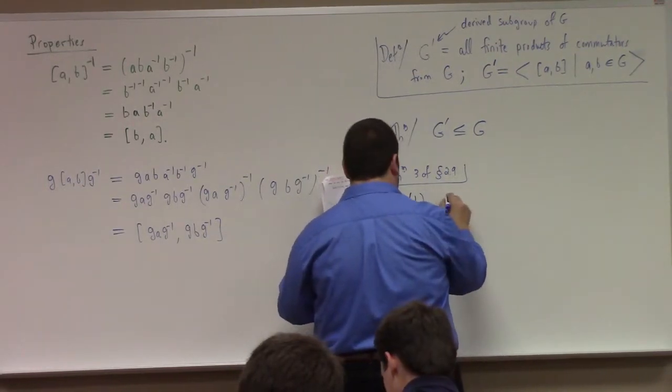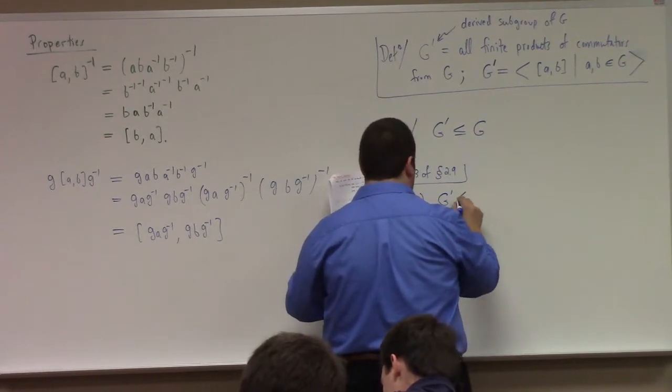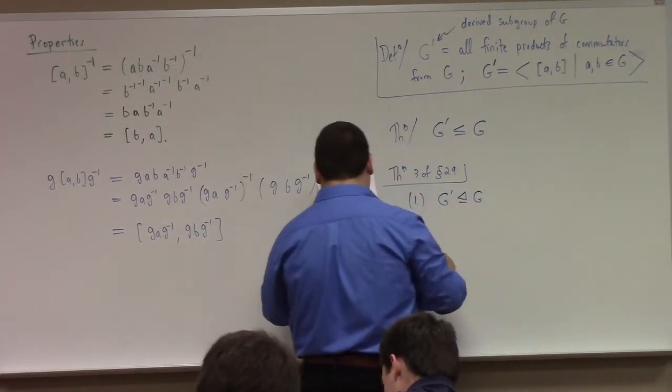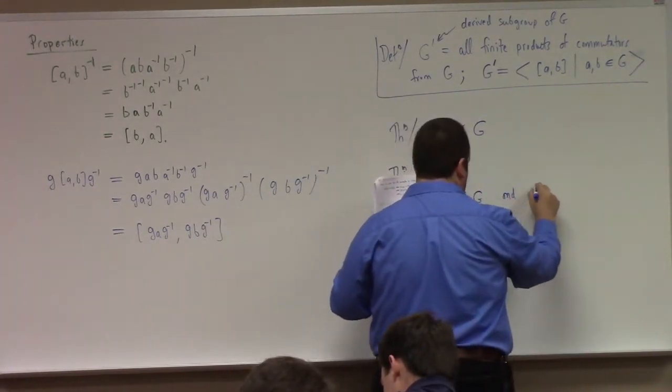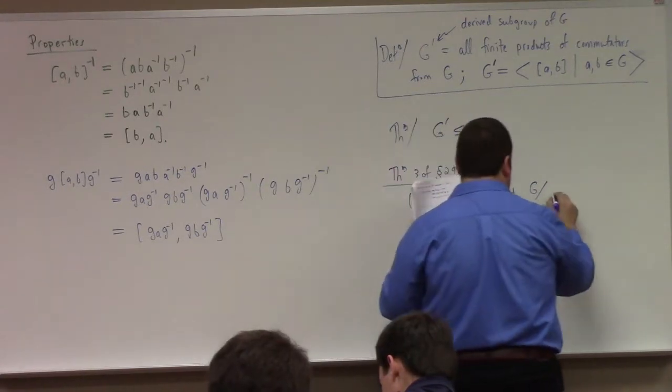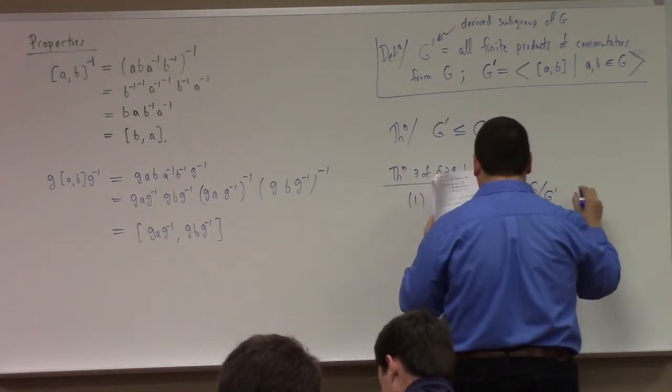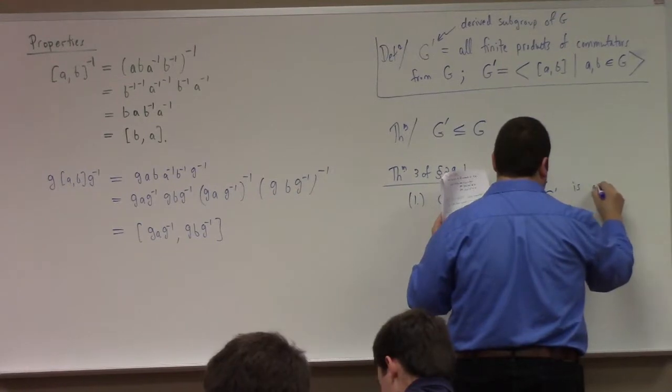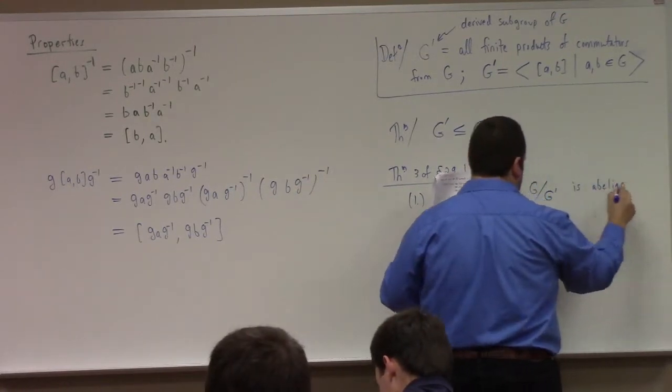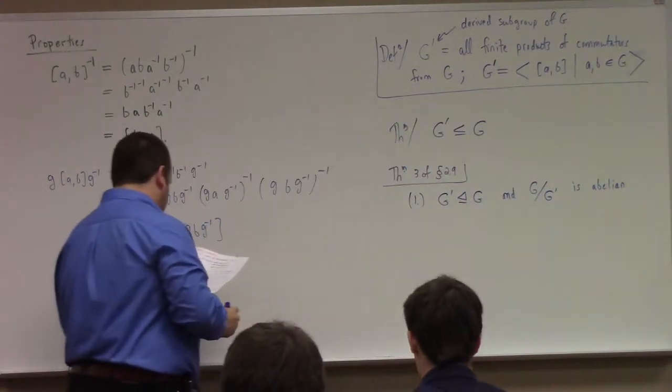It's the following. The derived subgroup is a normal subgroup of G, and the quotient group formed by factoring out the derived subgroup is abelian. So the factor group G by G prime is abelian.